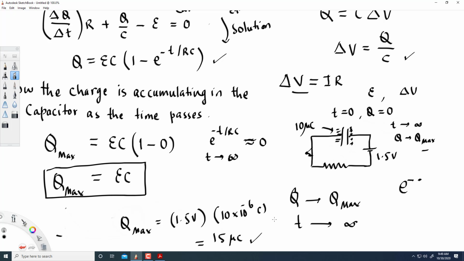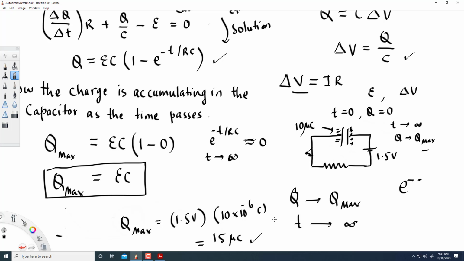It cannot be the second graph, because the second graph shows charge going down, and that's not what's happening here. Charge starts from 0 and then it's climbing, it's going up. So you cannot have this second one. Third one also not true, because charge is not going down. We are accumulating the charge.